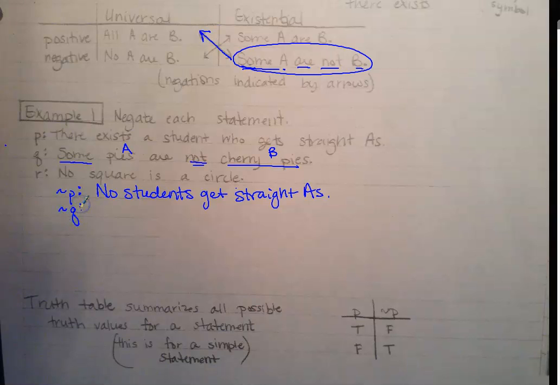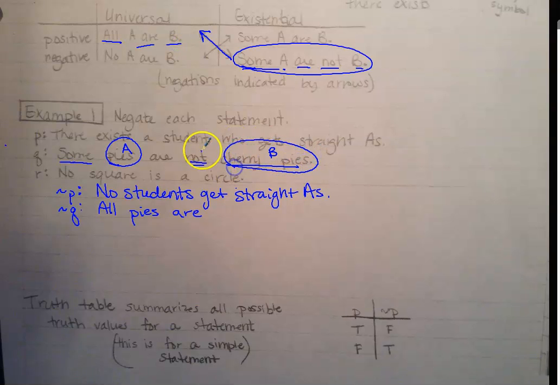So to do our negation, we need to follow that one. So not Q is going to be, Lucas, can you tell me what it is? No, we get rid of the not, right?